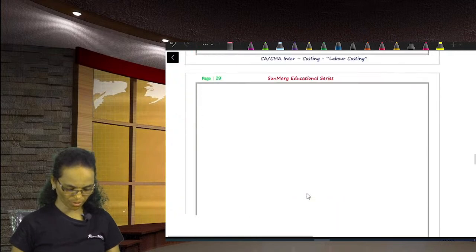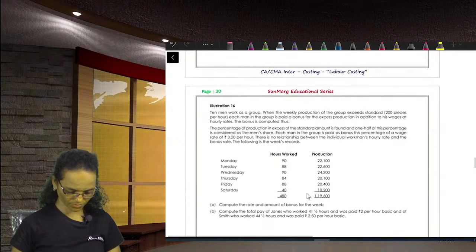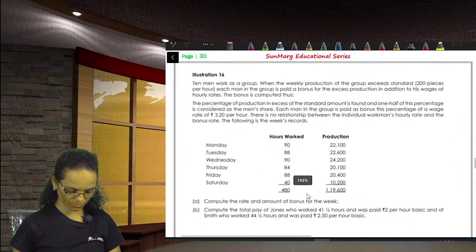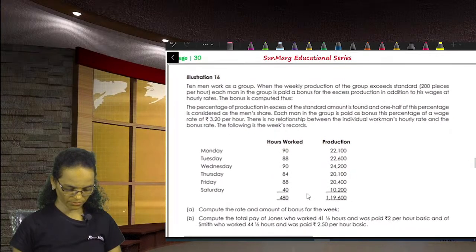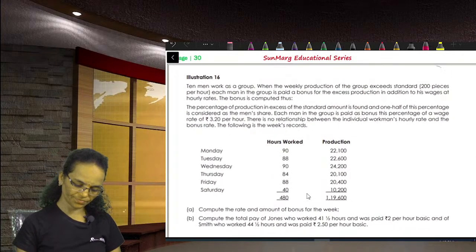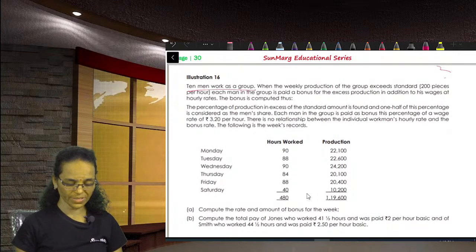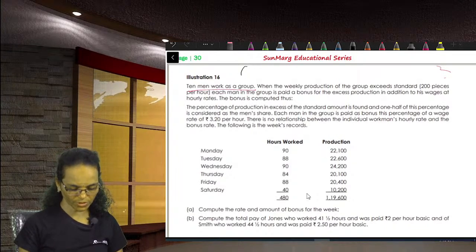Okay, we go to the next problem. Ten men work as a group. This is actually a group bonus problem.